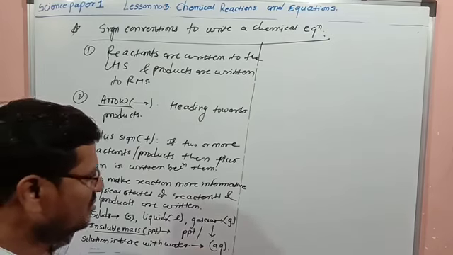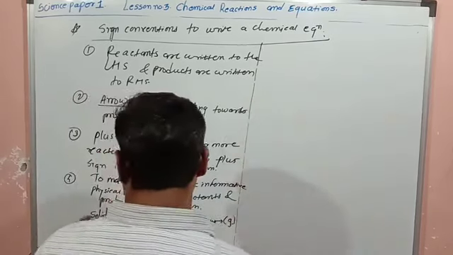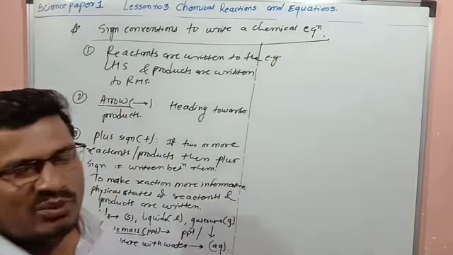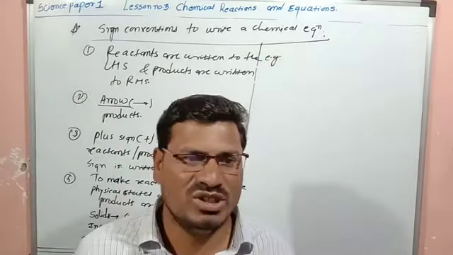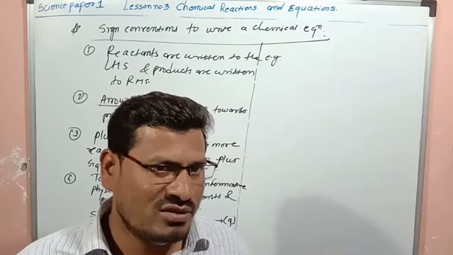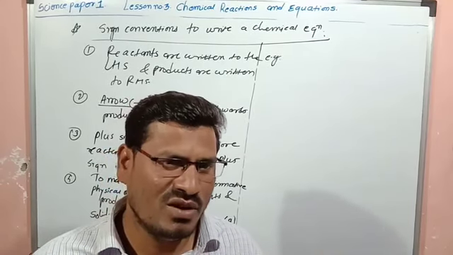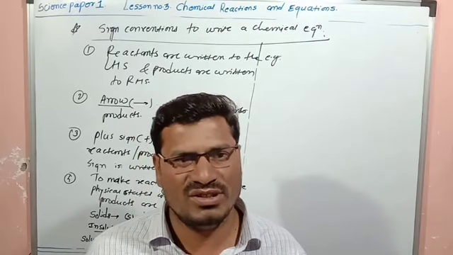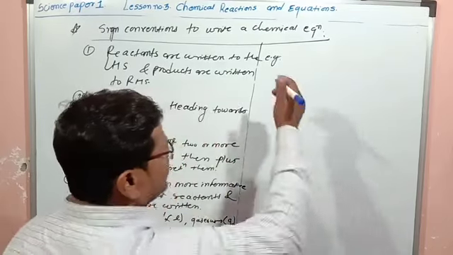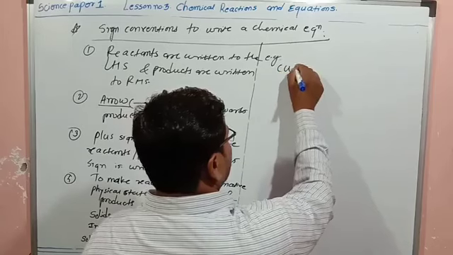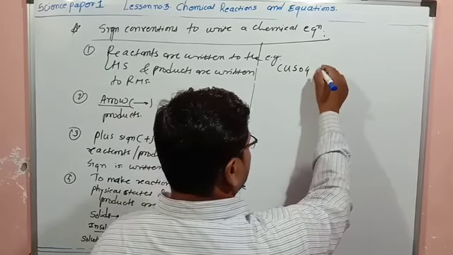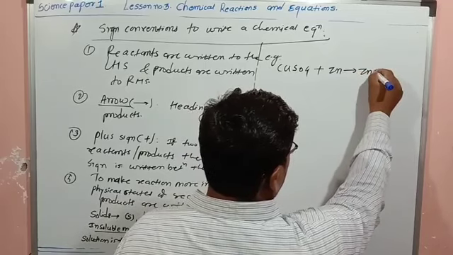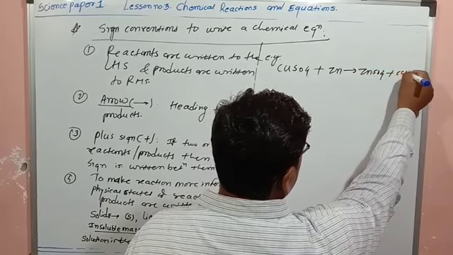Okay, so we'll take an example for this fourth point. Suppose we have studied this chemical reaction before, when copper sulfate and zinc are reacted together, it gives zinc sulfate plus copper. So the example is CuSO4 plus Zn gives ZnSO4 plus Cu.